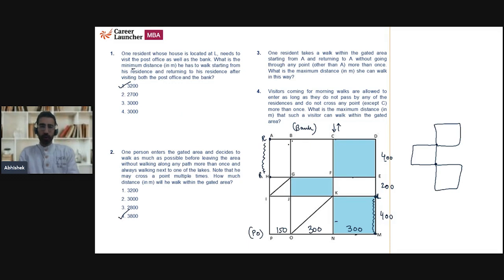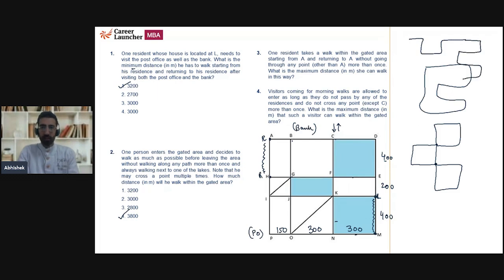You want to walk within the gated area starting from A, ending at A. Now, look, you'll have to decide, right? So, what do we do? Do we do something like this, and something like this, or maybe skipping something in the middle, or are we going to go like this, something like this? You'll have to choose, right?